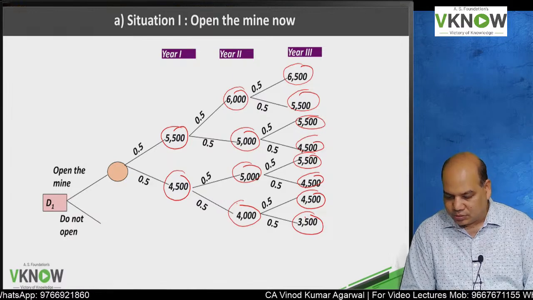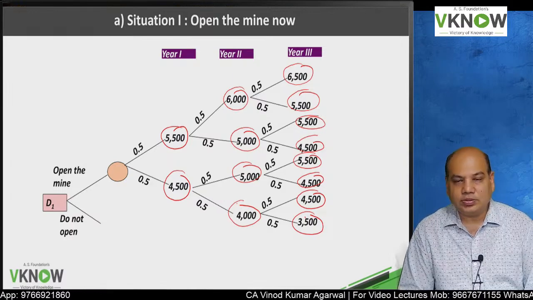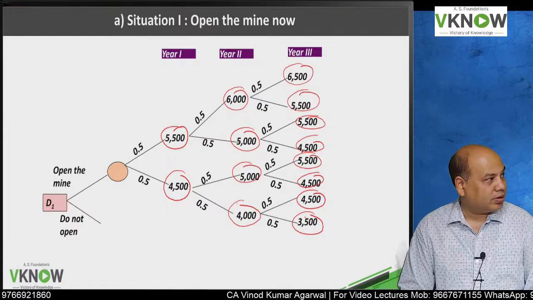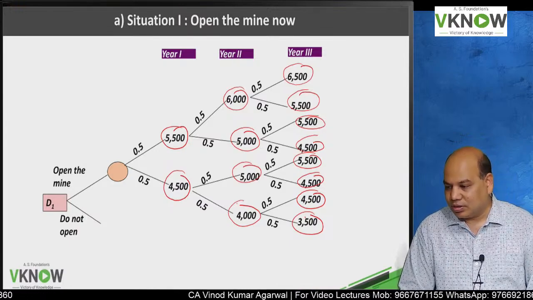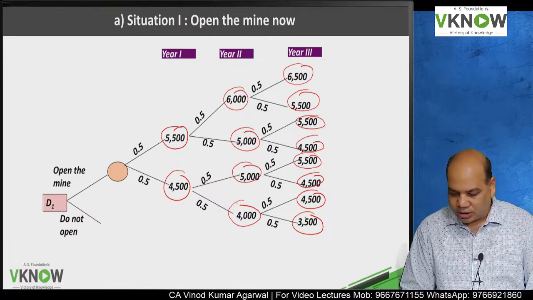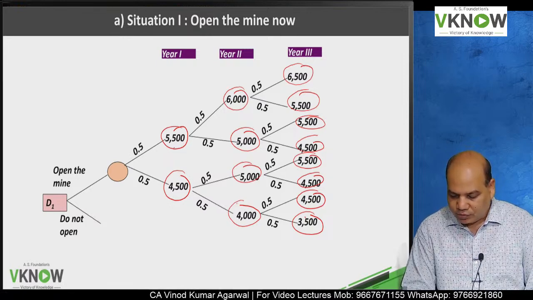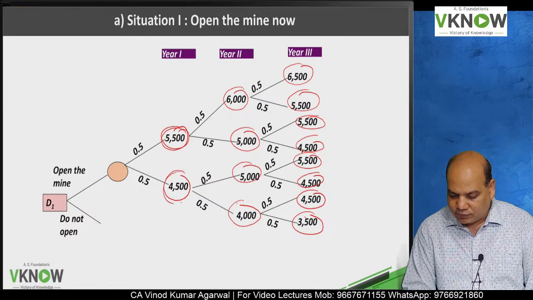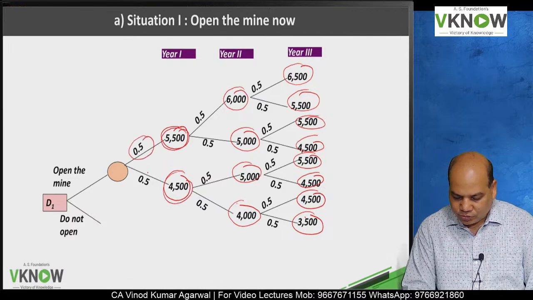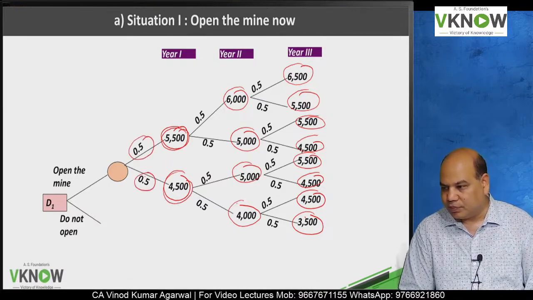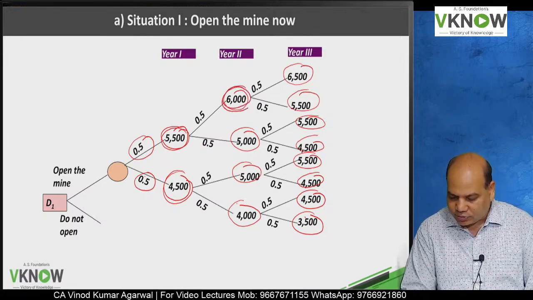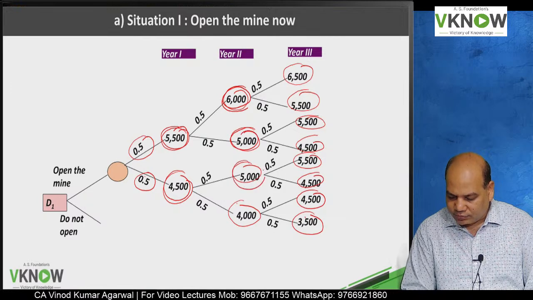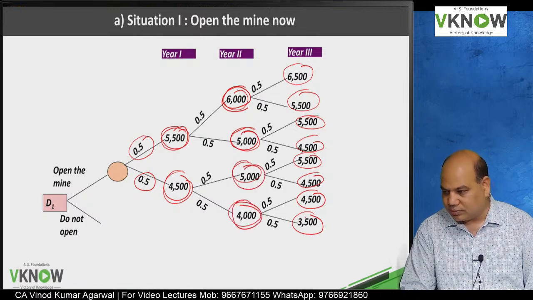So first we'll find out the expected price in year 1, year 2 and year 3. If you look at 5500 and 4500, there is a probability of 0.5. But what about the probability of 6000, 5000, 5000, 4000?